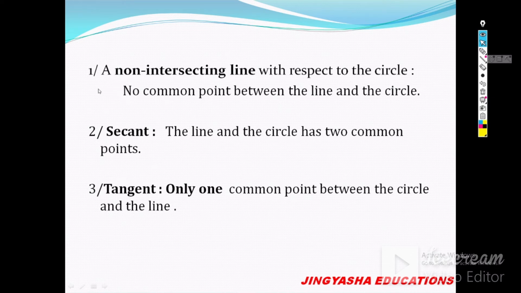A non-intersecting line with respect to a circle means no common point between the line and the circle. For a secant, the line and the circle have two common points, and for a tangent there is only one common point between the circle and the line, that is the point of contact, the point where the line touches the circle.